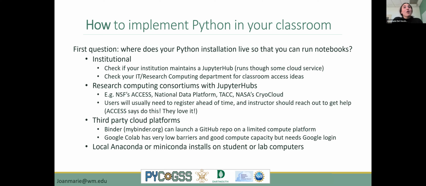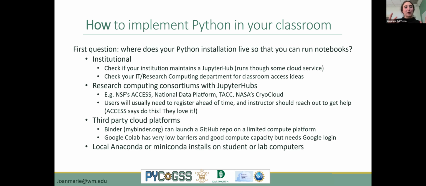A second option are some of the things I've provided as an option for access. The National Science Foundation, NASA, and other institutions pay to run servers and cloud computing environments for researchers to access.